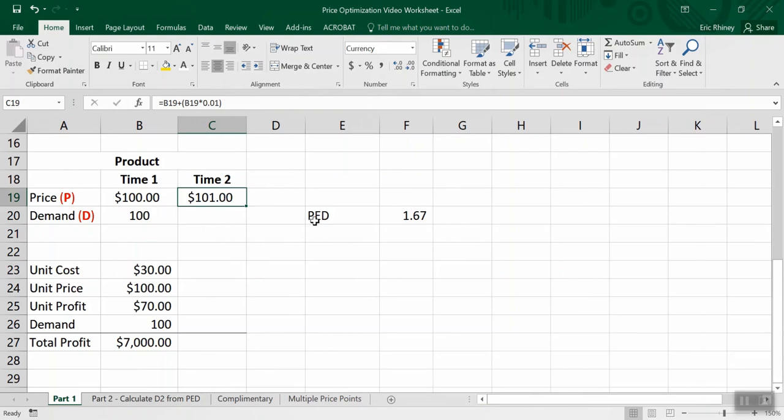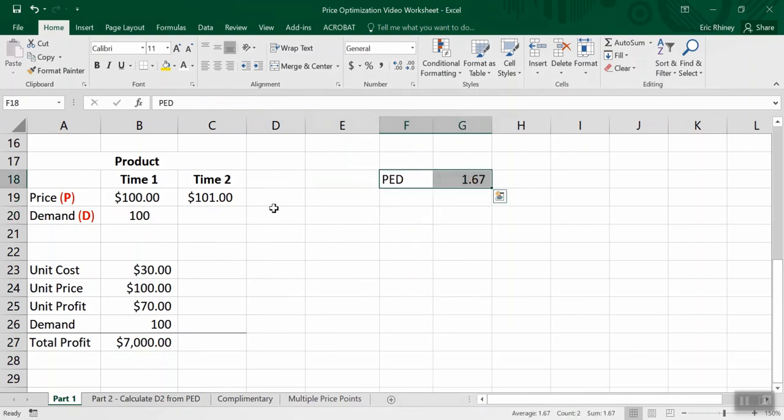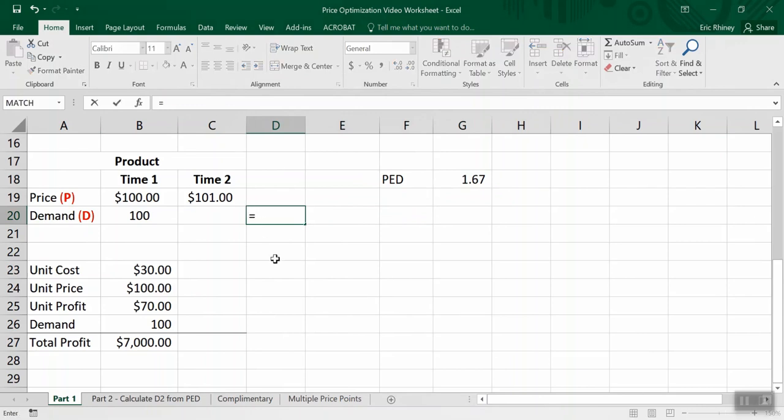Now, how do we calculate that? And let me move this over a little bit, just to show you. All right, so let me give you the equation for demand 2.